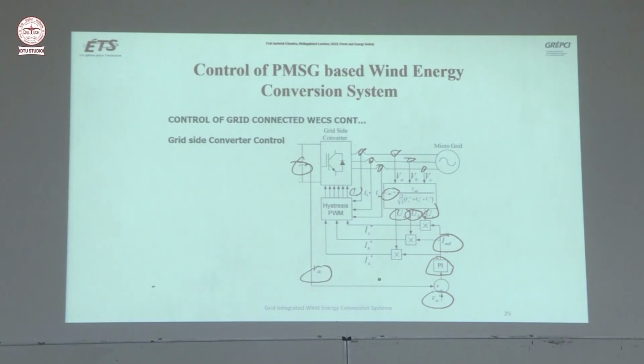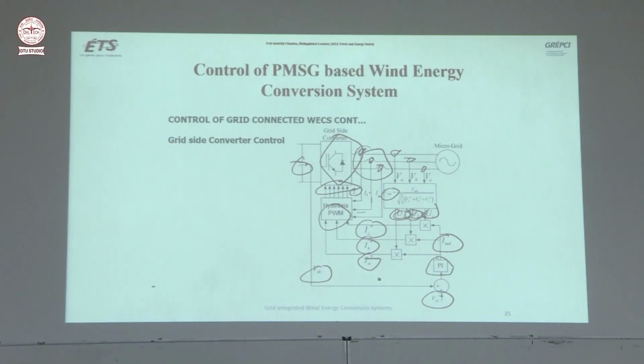So this is the amplitude of the grid current, and you multiply it with the unit vector. This will give you IA reference, IB reference, IC reference, which are coming to hysteresis or PWM control, and with your measured current, you can generate the signal for the grid side converter.